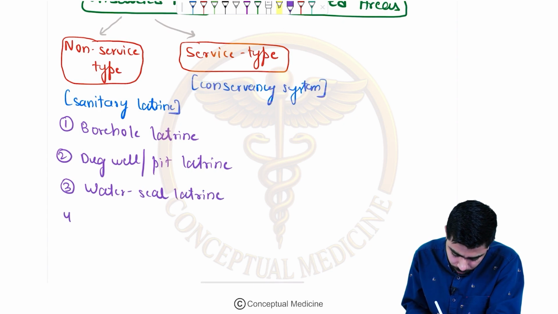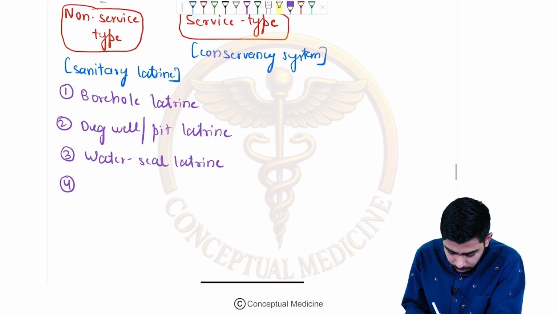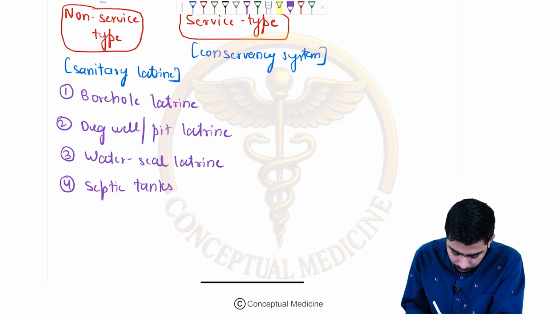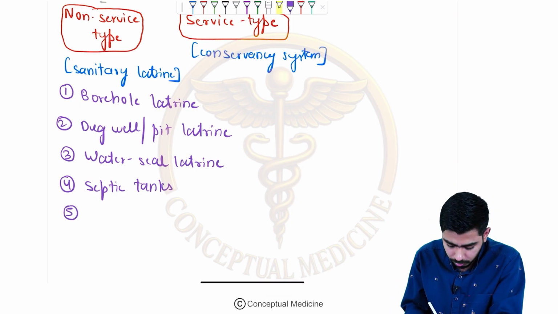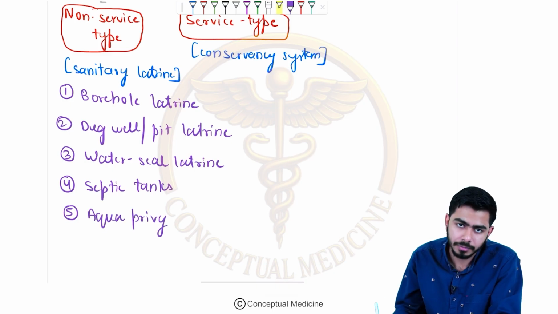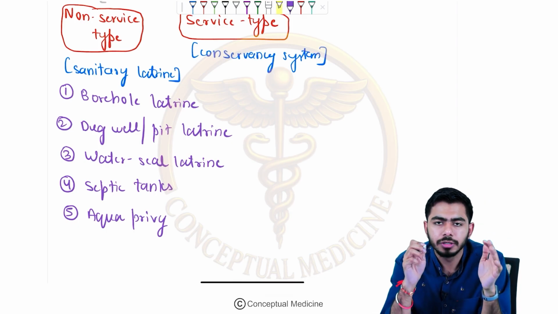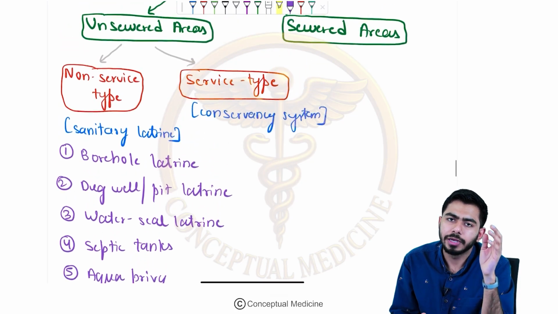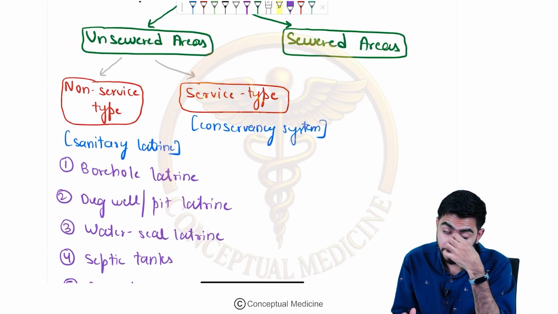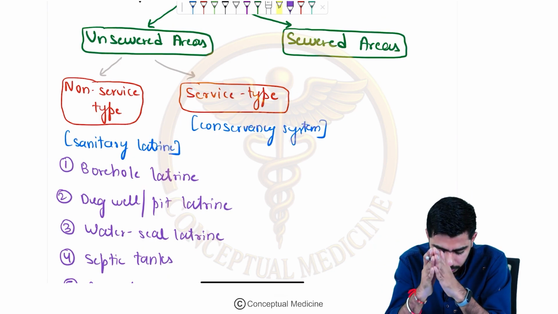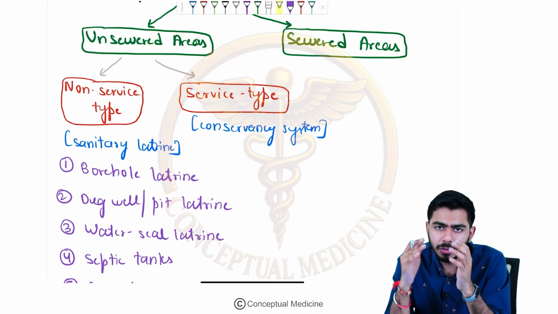The fourth one is your septic tanks. Don't worry, we'll talk about all of them in detail; right now I'm just naming them. And the fifth one is the aqua privy. These are the methods in the non-service type of excreta disposal methods, and we are again talking about the unsewered areas, not the sewered one. The sewered one I will talk about separately after that. So now, guys, let me take these methods one by one.